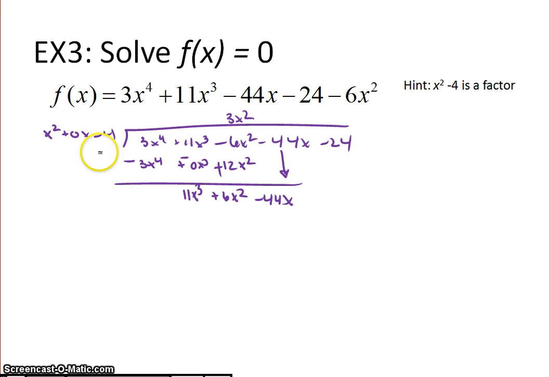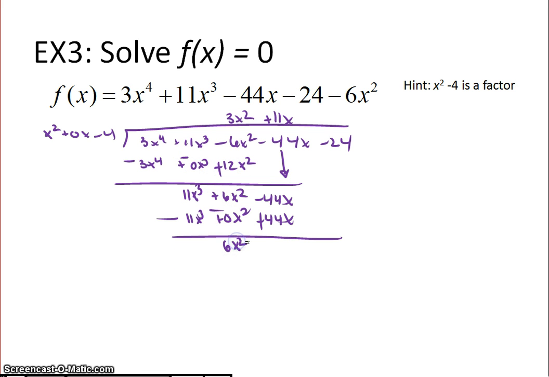What goes into 11x cubed? That would be 11x. Multiply it out, 11x cubed, multiplied by the middle term, 0x squared, then minus 44x. I'm going to subtract, add, goes away. I have 6x squared, this becomes a 0x. Bring down the last term, minus 24.